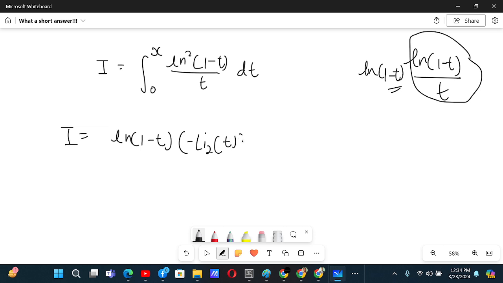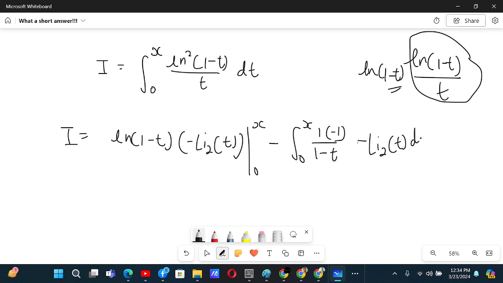Yeah, ln 1 minus t by t, that's integral is minus Li2 of t, and this is from 0 to x. Yeah, and then minus integral from 0 to x 1 by 1 minus t times minus 1, the derivative of ln 1 minus t, and the other integral is minus Li2 of t dt.